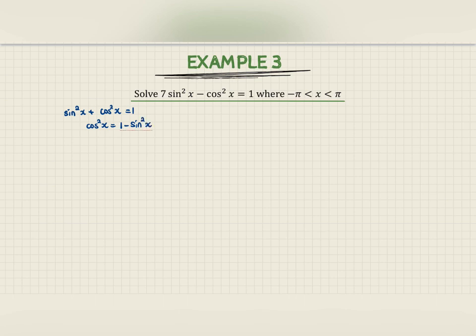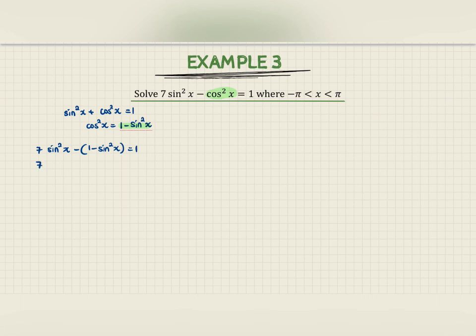So now saya akan gantikan 1 minus sin squared x dekat cos squared x. So now I have 7 sin squared x minus 1 minus sin squared x equals to 1. So sekarang ni dah dalam variable yang sama, which is sin x.